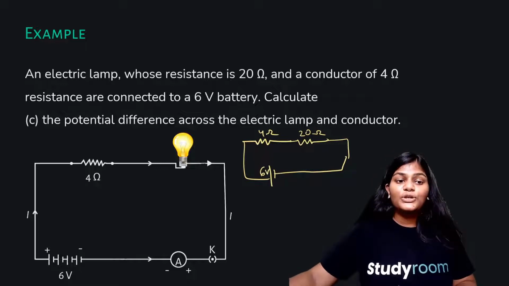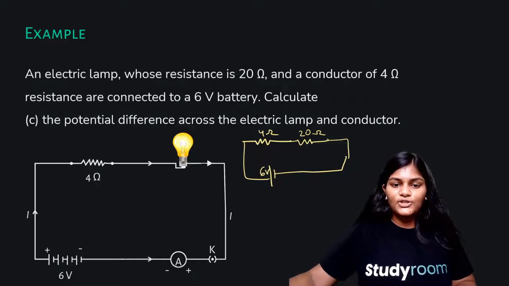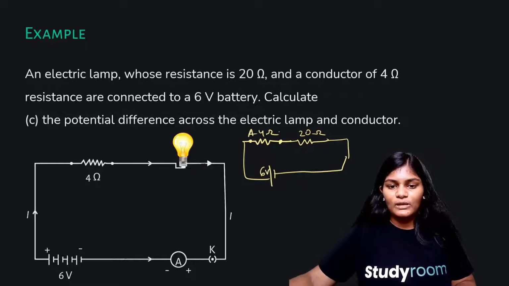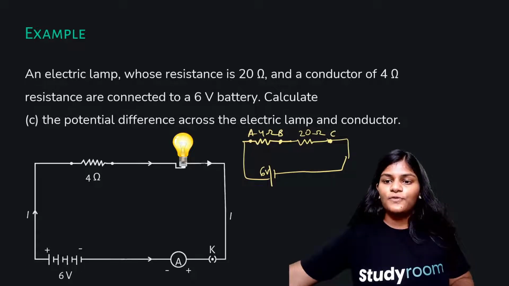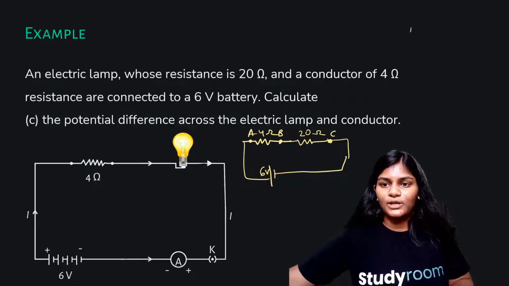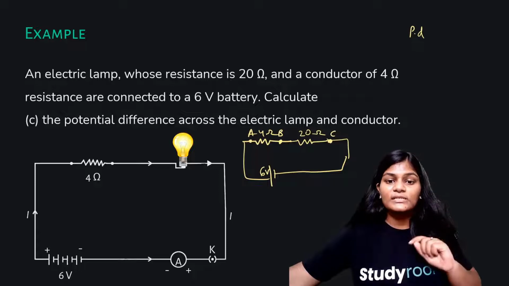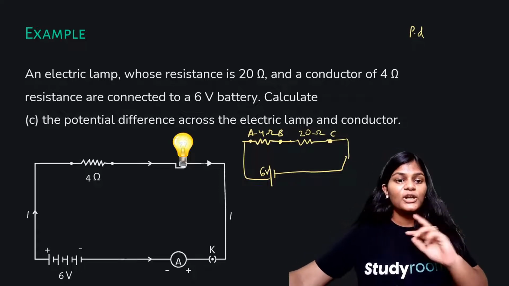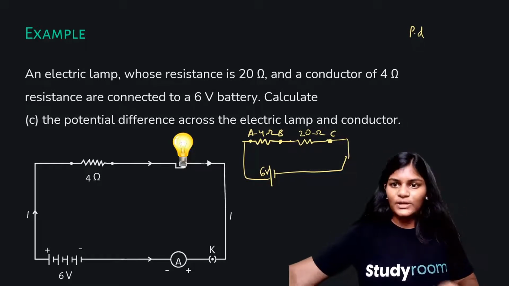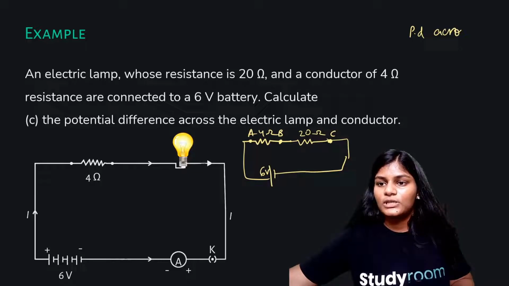Now I have to calculate the potential difference across AB and BC. I am going to start from here. First it's asked across the electric lamp, which is the 20 ohm one. Potential difference across the electric lamp.